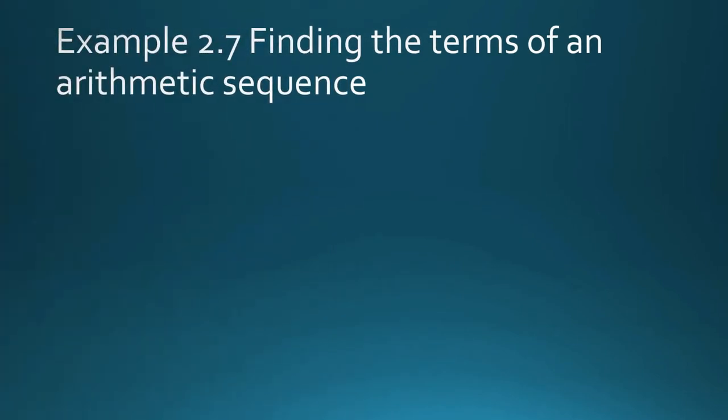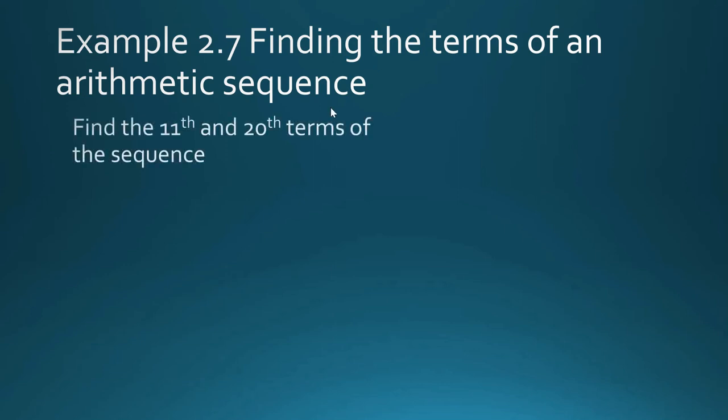Example 2.7. Finding the terms of an arithmetic sequence. Okay, so by the way, you must pay attention to this, and you must be careful with working on problems like this. At least in this problem, we are told we shall work with arithmetic sequence.